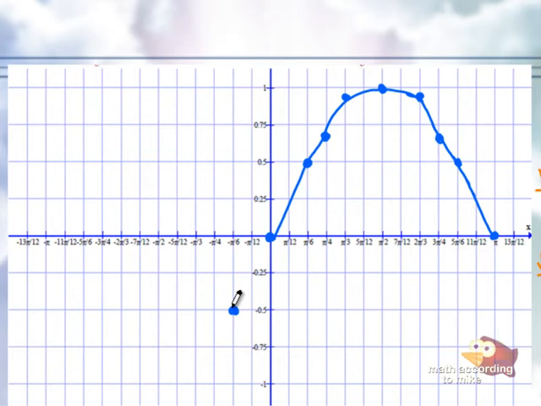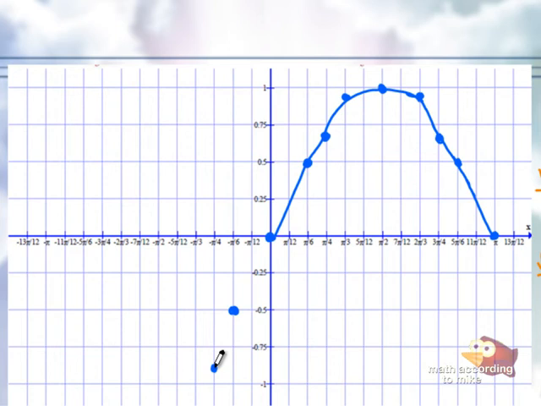So the sine value at 7 pi over 4 is negative 0.7. Negative pi over 3 is coterminal to 4 pi over 3.